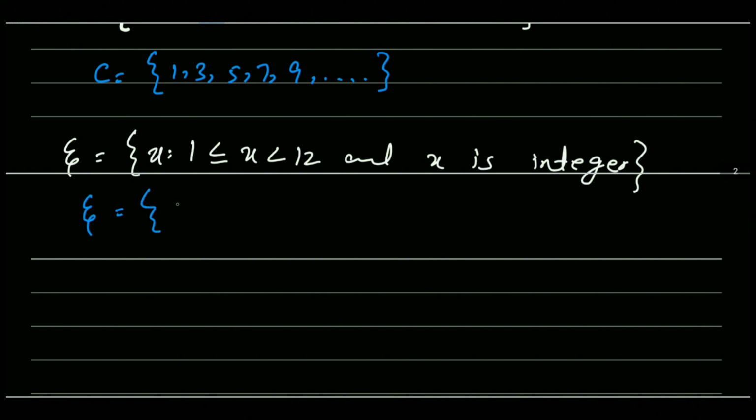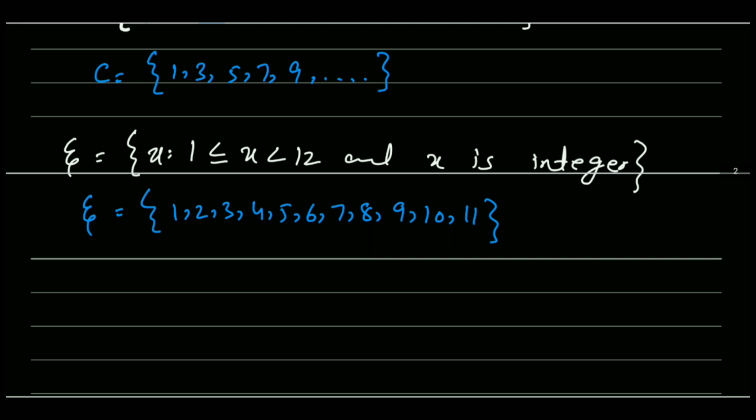It means all the numbers from 1 to 12, but 12 is not included as we cannot see the equality sign here. If the equality sign is not there, that number is not included. 1 is included because we can see this equality sign. So it means 1, 2, 3, 4, 5, 6, 7, 8, 9, 10 and 11. 12 will not be included.